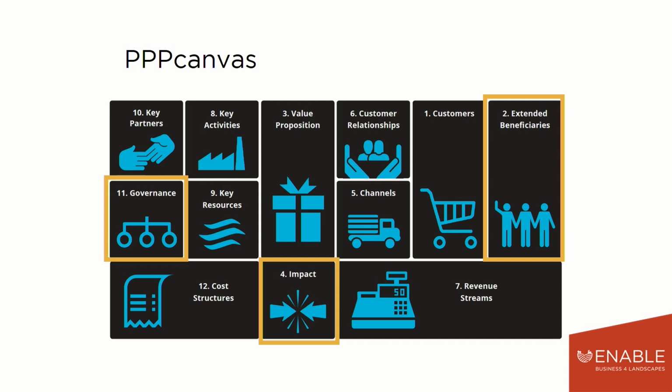The third building block that was added is governance. This is about the process of collaboration of the partners. Remember, PPPs are multi-stakeholder partnerships with both public and private, profit and non-profit partners. So the success of a PPP is dependent on how these partners interact and collaborate.